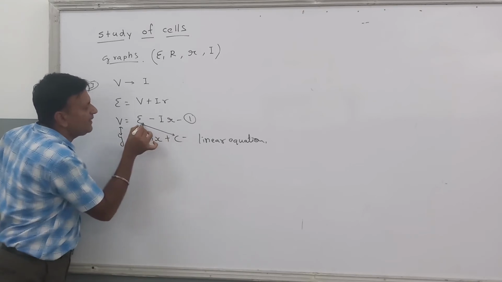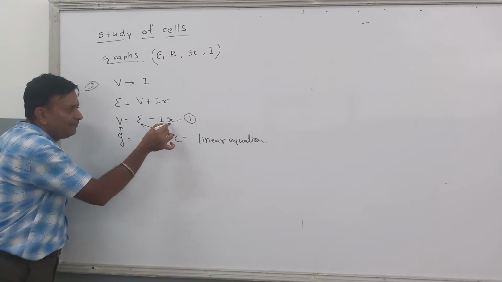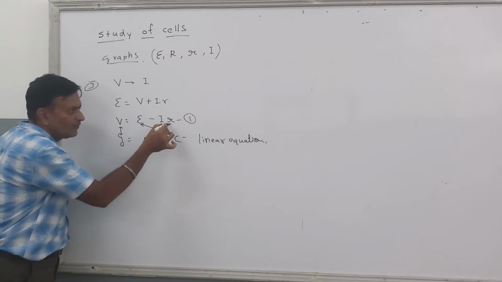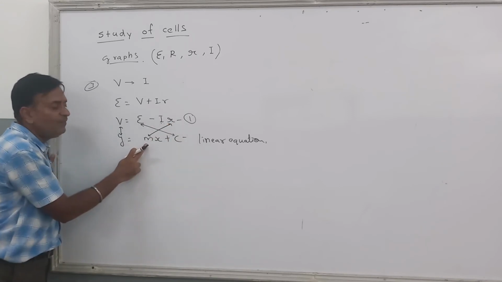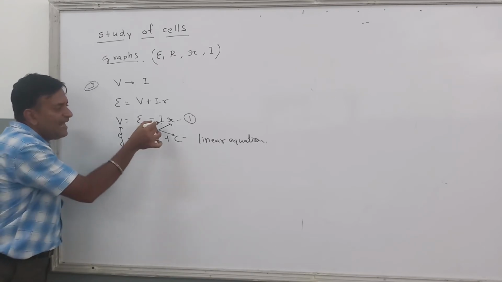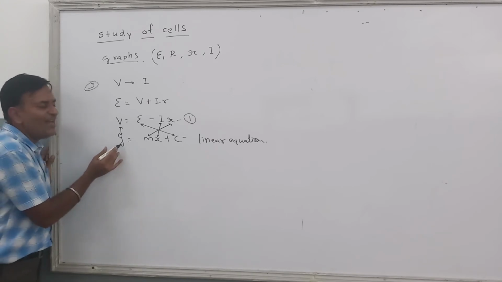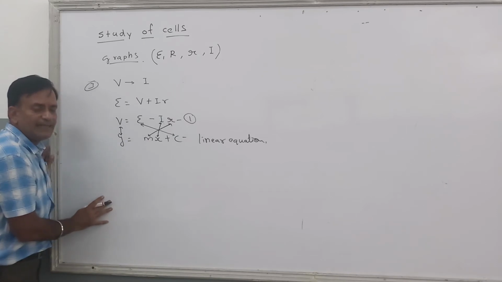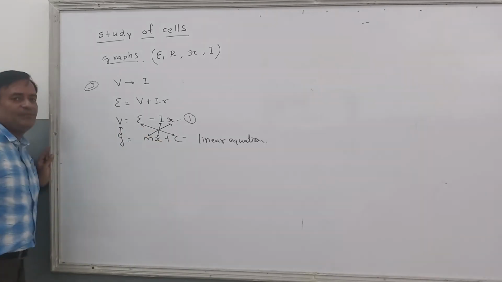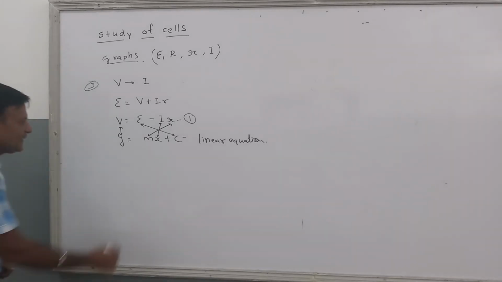So epsilon takes the place of c, and r, the internal resistance, takes the place of m, the slope of the graph, and x takes the place of current. See, on the y-axis I will plot potential difference, on the x-axis I will plot current. So this equation and equation number 1 are to be compared. And now we shall draw the graph of this.